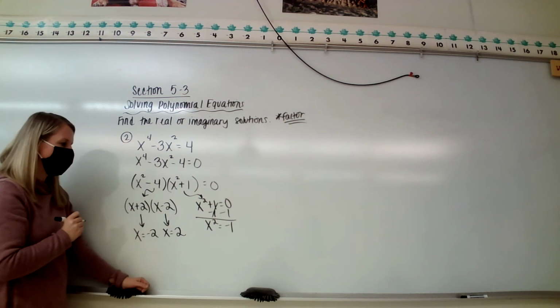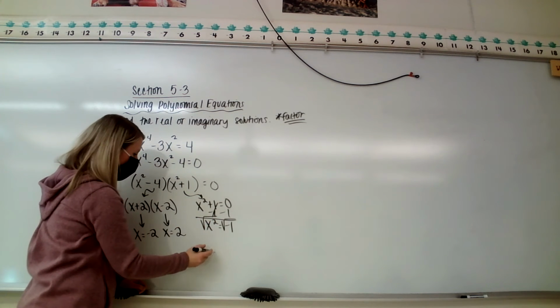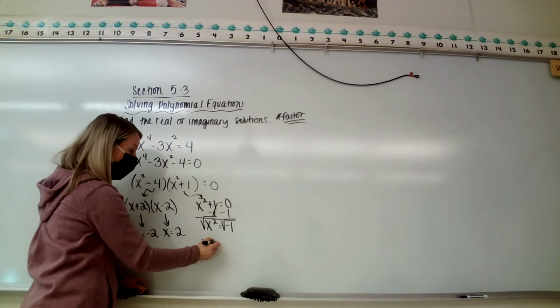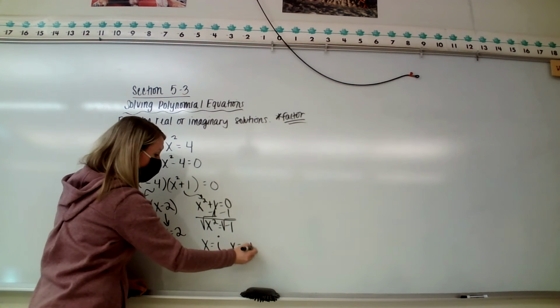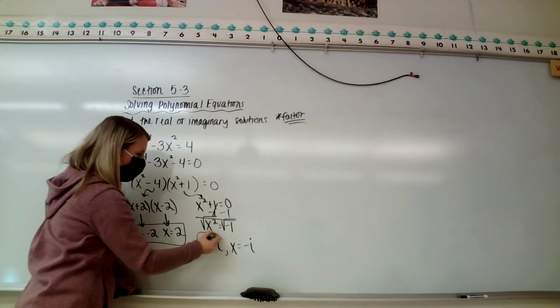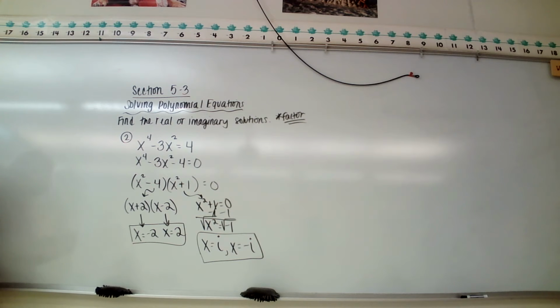That gives me -1. And then when I take the square root, hey, who remembers what's the square root of -1? It's i. And remember, when I take the square root, it's plus and minus i. So I wrote them both as 2 separate ones. But if you wrote plus or minus i, that's perfectly fine. So that gives us 4 solutions.